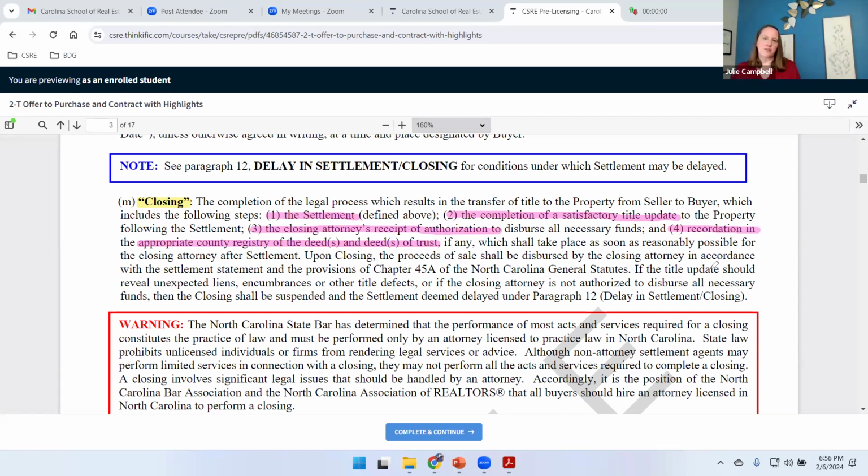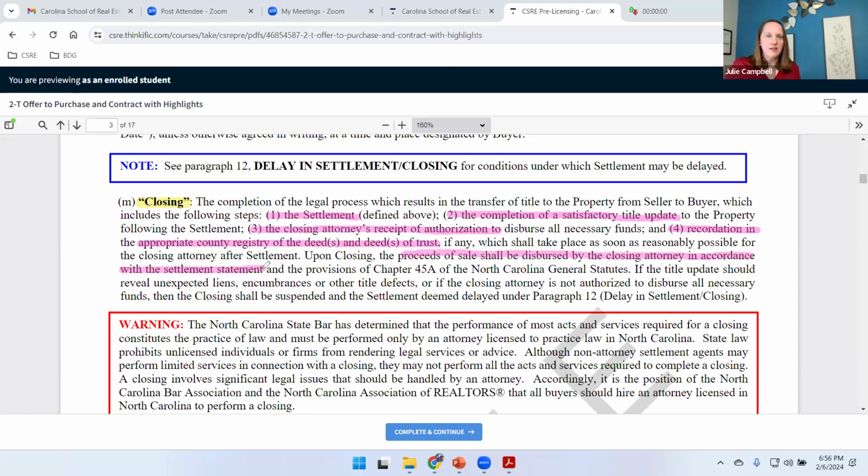If the buyer comes with a lender, there's going to be a deed of trust, which in North Carolina is our mortgage. So the attorney will record that as well. Upon closing, the proceeds of the sale will be dispersed in accordance to the settlement statement.